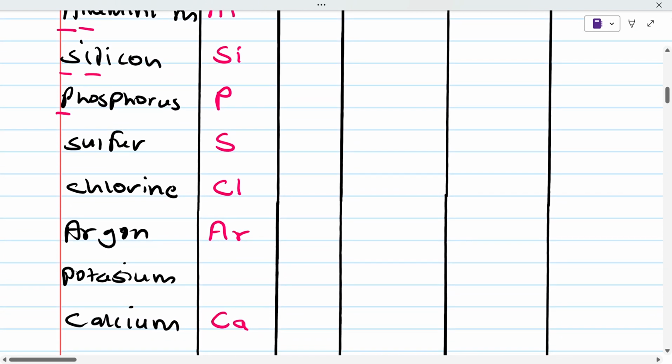All the way down, chlorine was first letter and third letter. Argon was first and second. Potassium, I'm skipping. Calcium is first and second. So we've come to realize that an element's symbol can be derived from first letter and second letter, or first letter and third letter. You really need to know that.